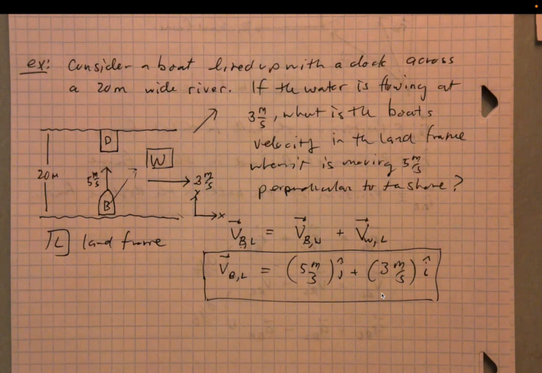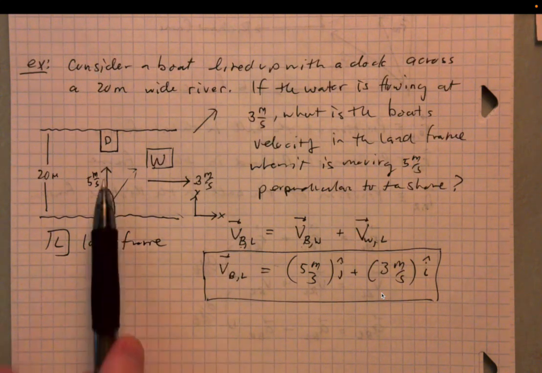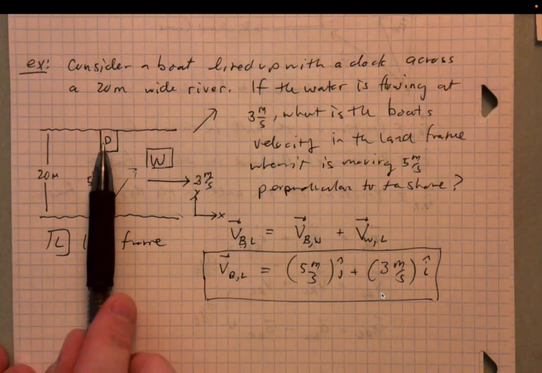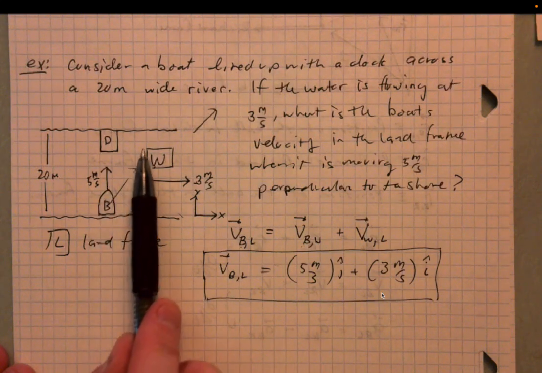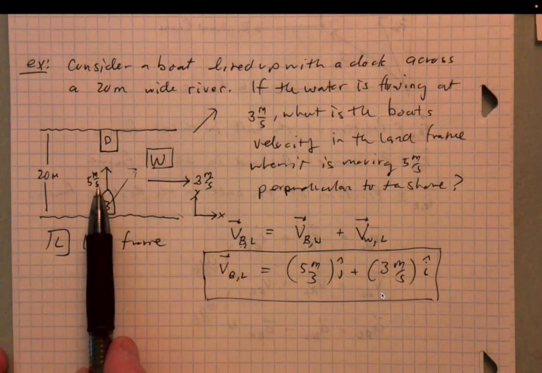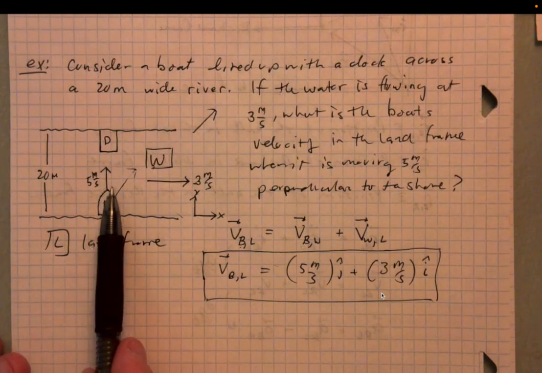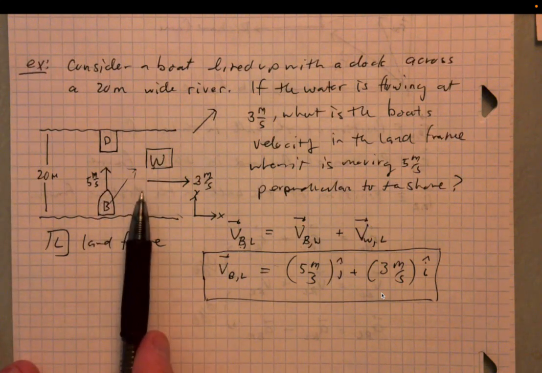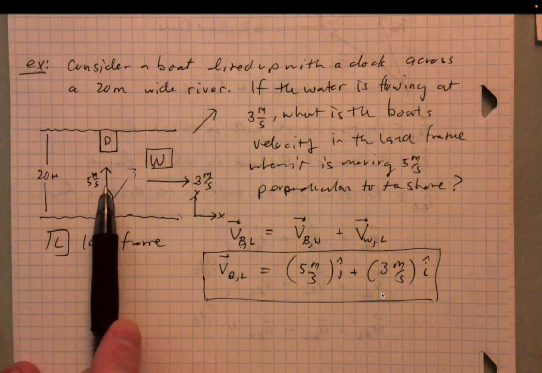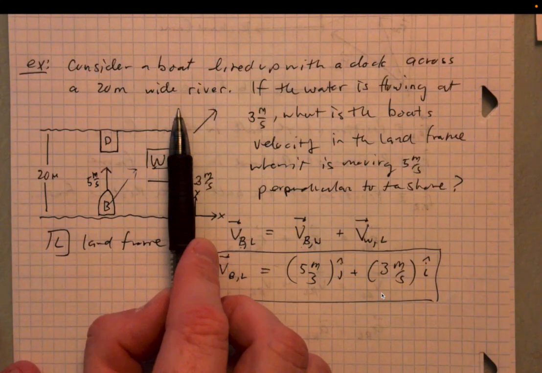Okay, so if the boat moves in this way, we know clearly it's going to cross the river, but in crossing the river, it's going to drift downstream. So the next question would be, by how much is the boat going to miss the dock? It starts perfectly aligned, so it's obviously not going to land at the dock.